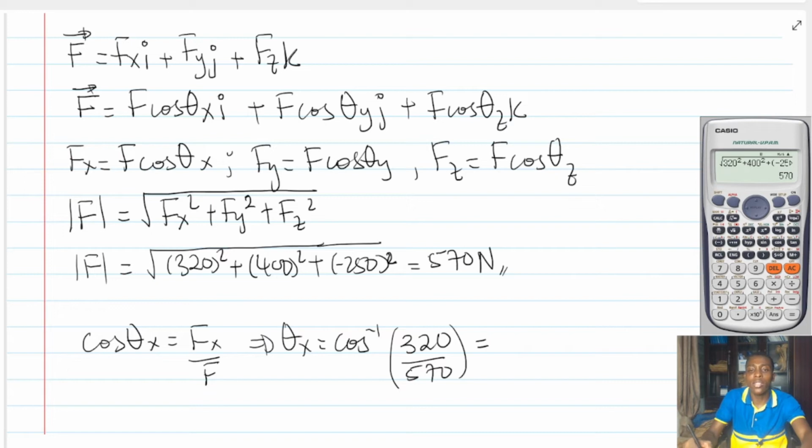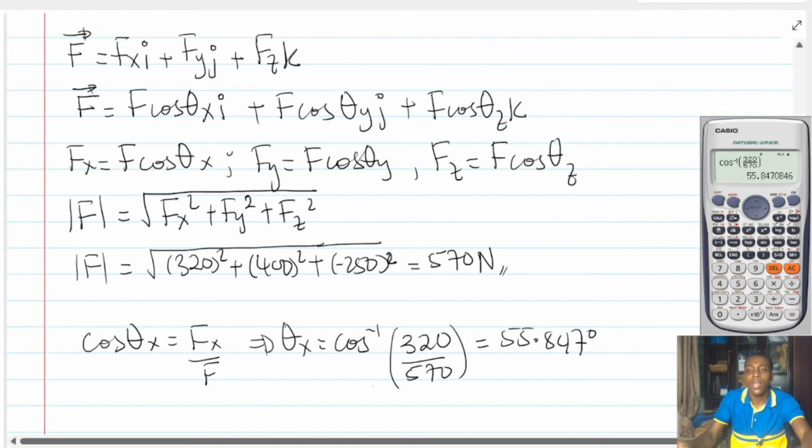Let's pick our calculators again. Cosine inverse of 320 divided by 570 is 55.847 degrees.